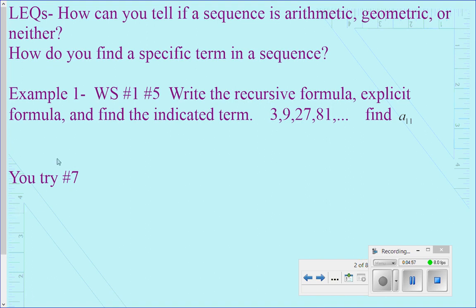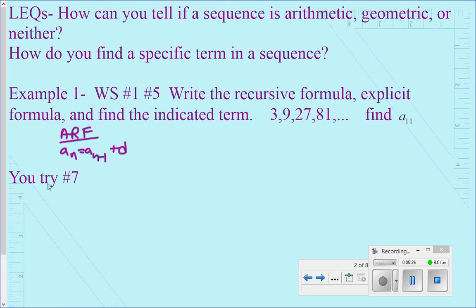Well, if you recall from yesterday, the recursive arithmetic formula is a sub n equals a sub n minus 1 plus d. Well, if you think about it, the difference between an arithmetic sequence and a geometric is that we multiply by the r value rather than adding the d value.